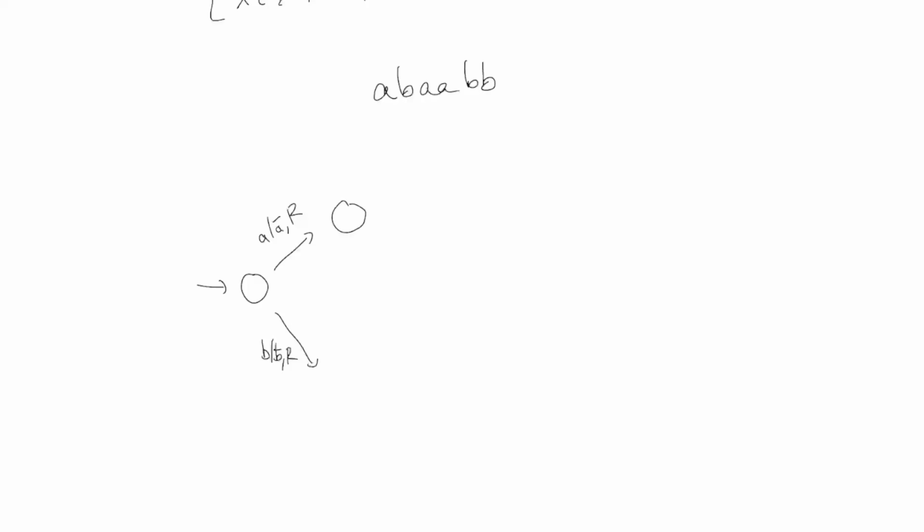This is going to have a looped edge on it saying, move yourself to the right, past a bunch of stuff you don't care about until you find what you do care about. Anyone want to suggest, what should I put on the loop here? Yeah, so I don't care about A, right?